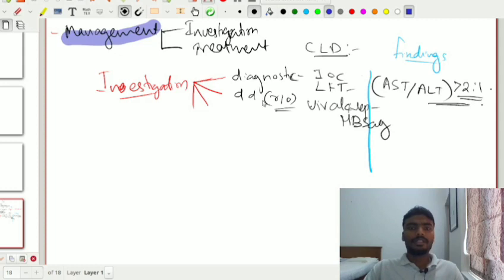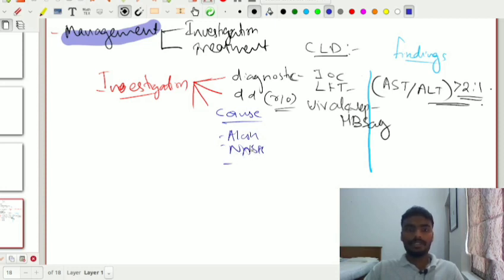Then the third component is to identify the cause of that disease. Suppose CLD is asked, the investigation you have to think in the ways the causes for chronic liver disease include alcohol, then non-alcoholic steatohepatitis. Similarly, for the etiology you have written, you have to think how to rule out that cause for this disease.